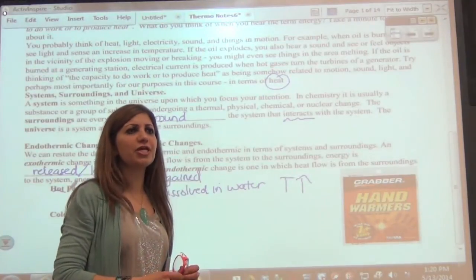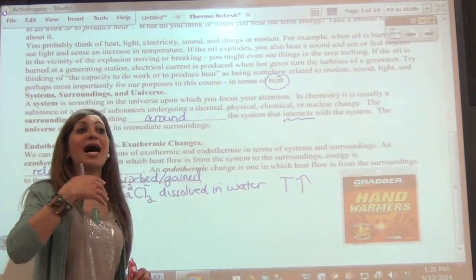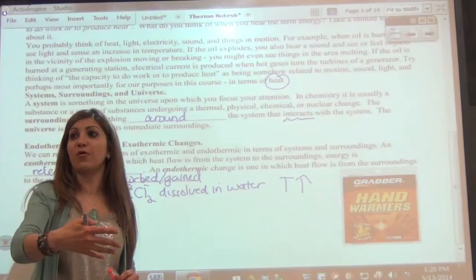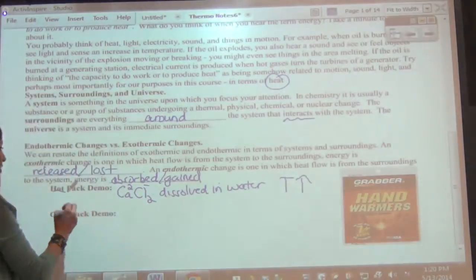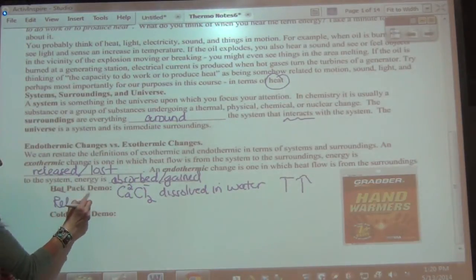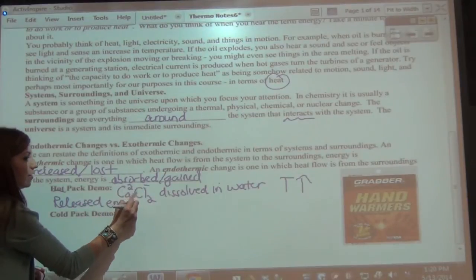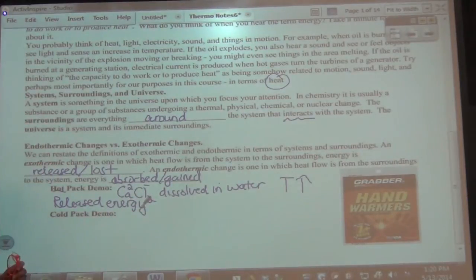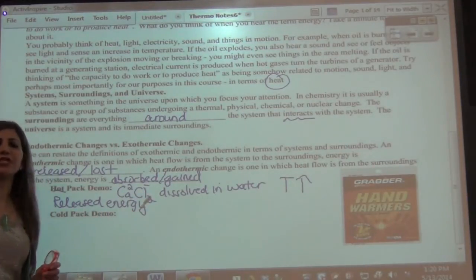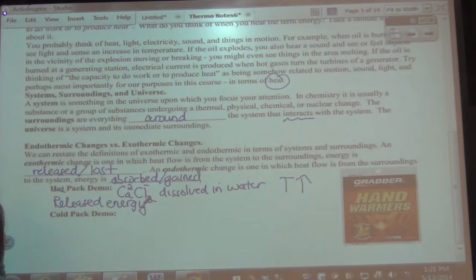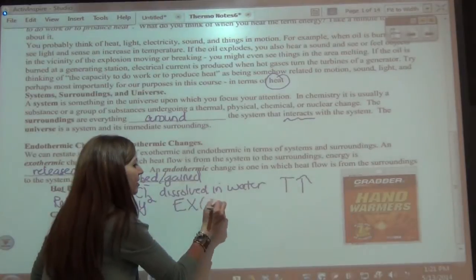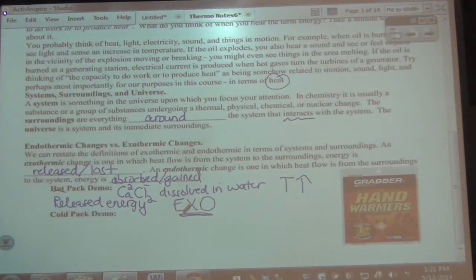Did it release energy or did it absorb energy if it now feels hot, if it feels hotter than before? It released. Awesome. So write this down. It released energy. Okay, it released energy. And if it released energy, do we call that exothermic or endothermic? Exo. Awesome. That makes it an exothermic reaction.